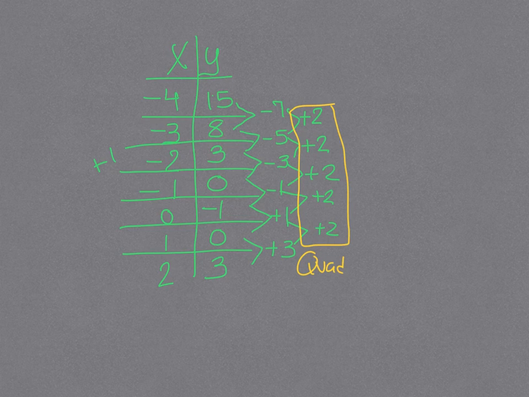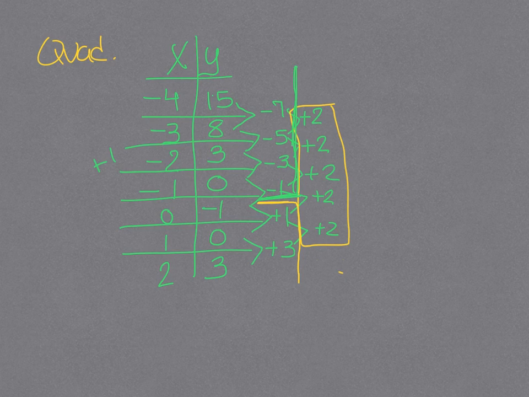Okay, let me erase that. I don't want it right there. All right, so this is going to be a quadratic. All right. I want to draw your attention also, before we did the second difference here, if you look at the graphic, here we're adding 1, and then on the other side we were subtracting 1.